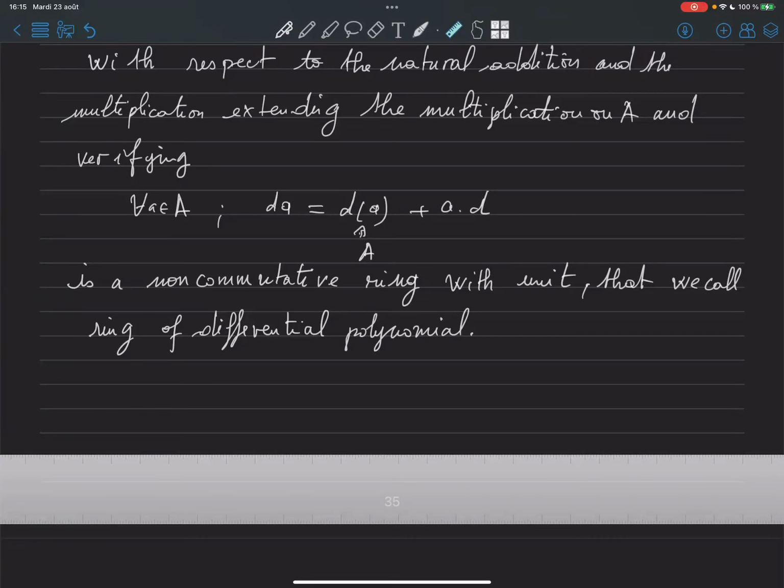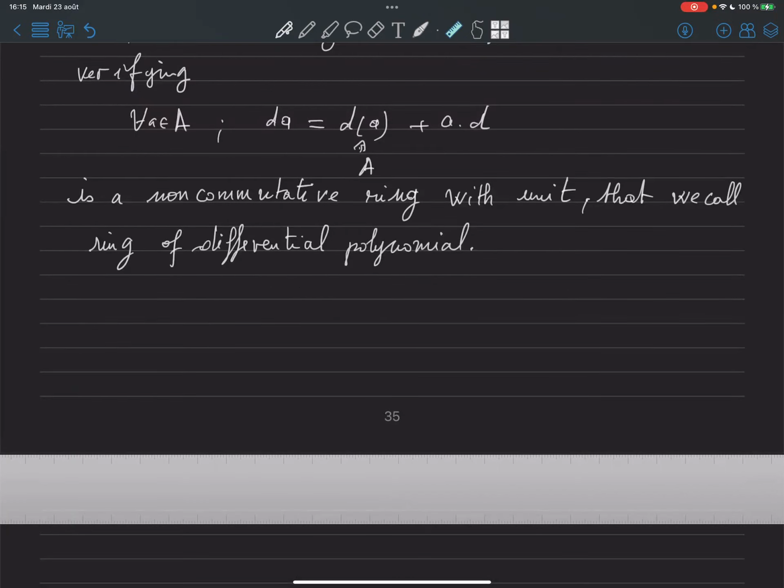Then the Euclidean division will be defined by induction, in the same way as the usual one. Since we will consider left modules later, the Euclidean division will be on the right side.